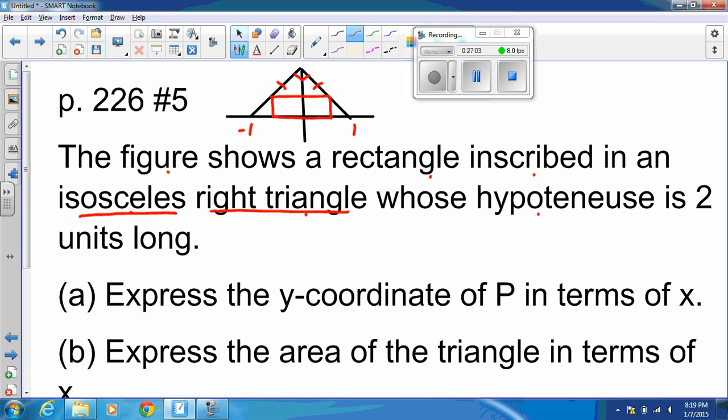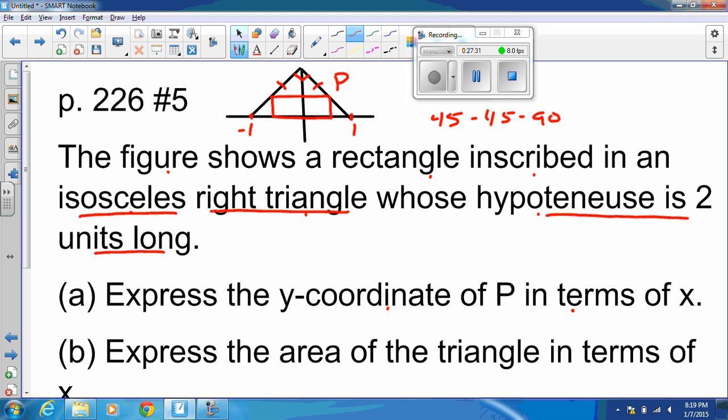Well, it's isosceles because these two sides are congruent to one another. And immediately my mind pings, this is a 45, 45, 90 right triangle, because that's what isosceles right triangles have to be. And they say whose hypotenuse is 2 units long, so I just check that. Yep, the hypotenuse stretches from here to here, that's 2 units long.